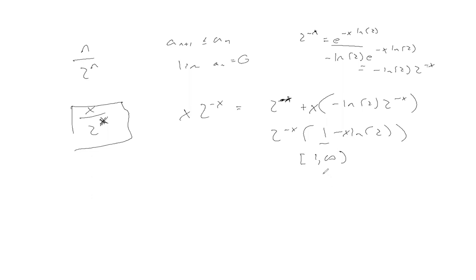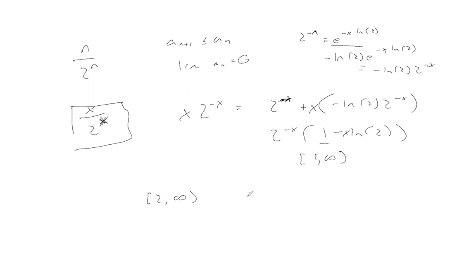But then what happens when I go to x equals 2? Then this term would be a bit bigger, and from then on my derivative will be negative. So this function is decreasing on 2 to infinity.